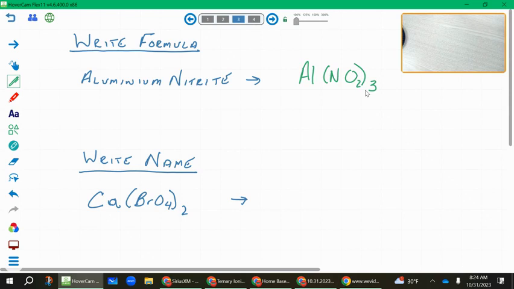So you lose one oxygen compared to the way it is normally written in an ATE ending. Fair enough? Okay. So what has happened here? We have gained one. You could gain an oxygen. Look at the back of your sheet. What do we do to the name when you gain an oxygen? We add per in front of it. So what is CaBrO4? Calcium perbromate.